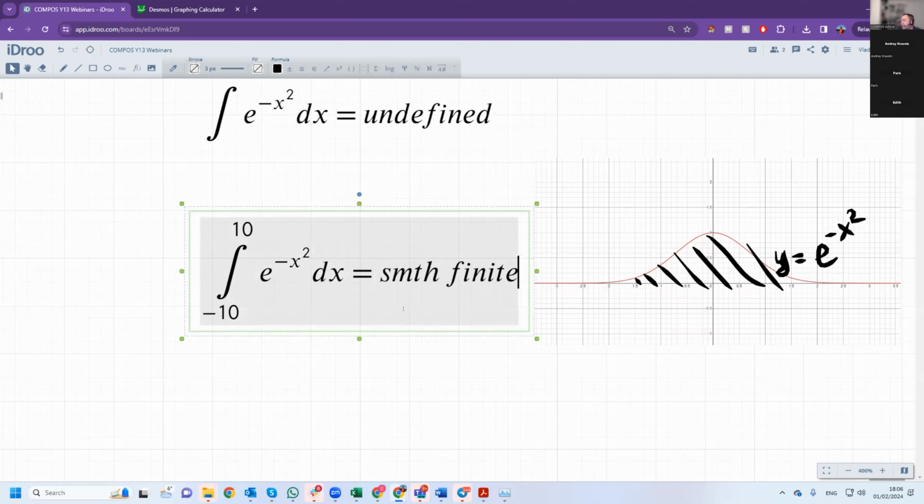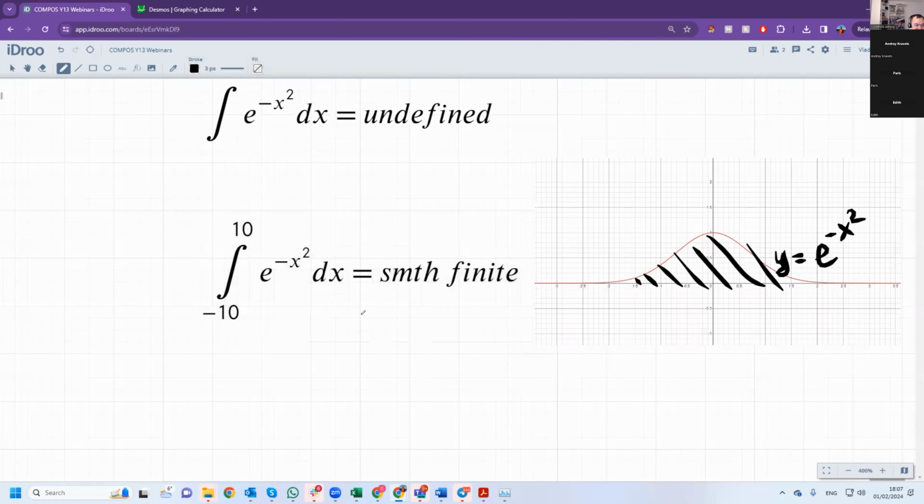Still thinking. Okay, here it is. As you can see, clearly there is something there. The area is 1.77, right? So the calculator gives you 1.77. So it's approximately 1.77.